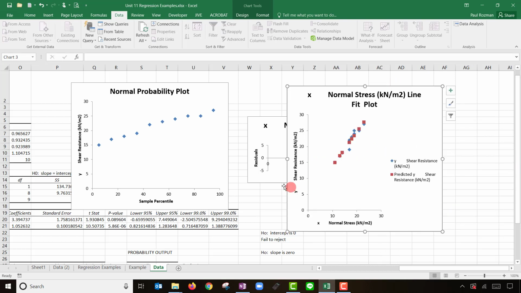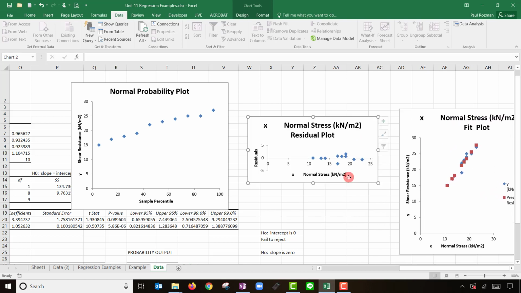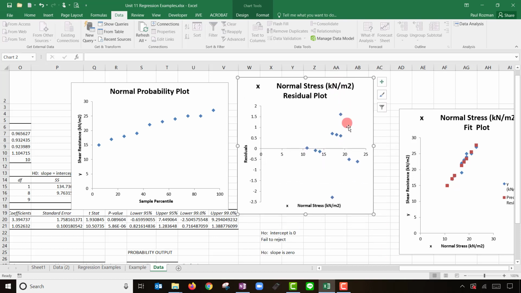Another plot that it gives us is the residual plot. Residual is a fancy word for error.